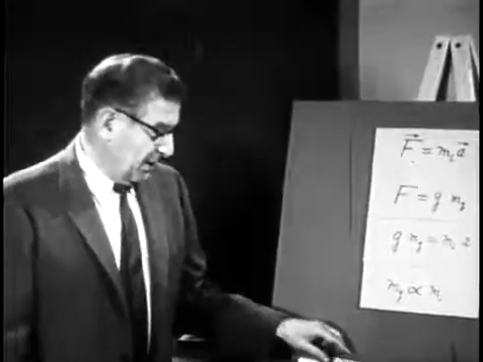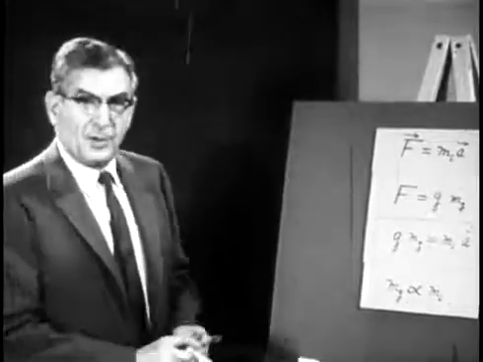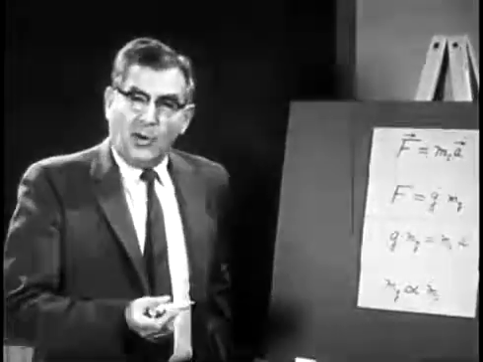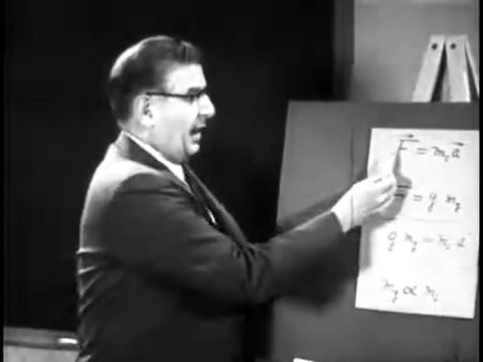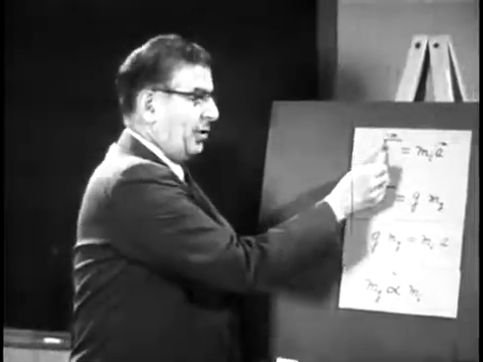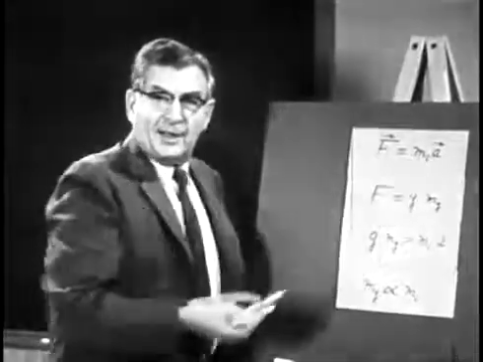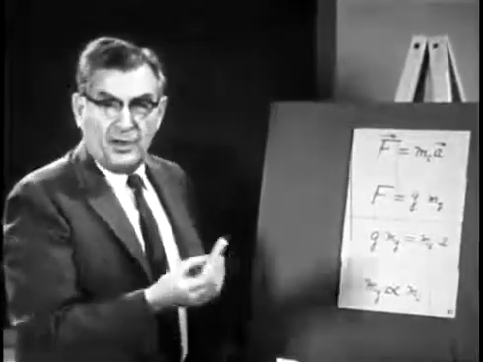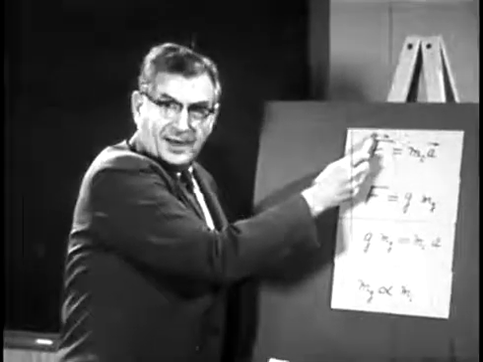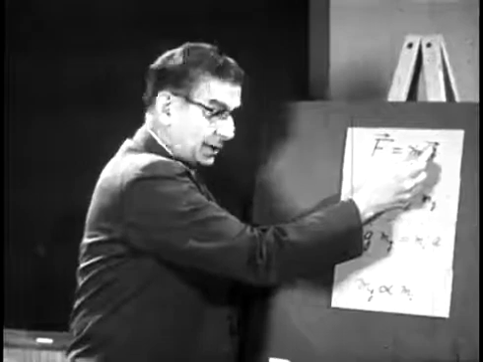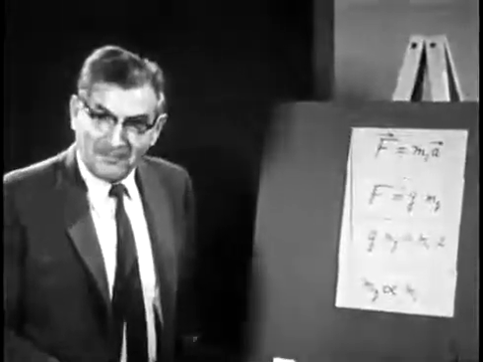Now, using Newton's law of motion, we can find out something more about the nature of inertial mass. You notice I have added arrows over the force and the acceleration in this formula. The reason is that we have determined experimentally that force is a vector, and we know that acceleration is a vector from its definition.